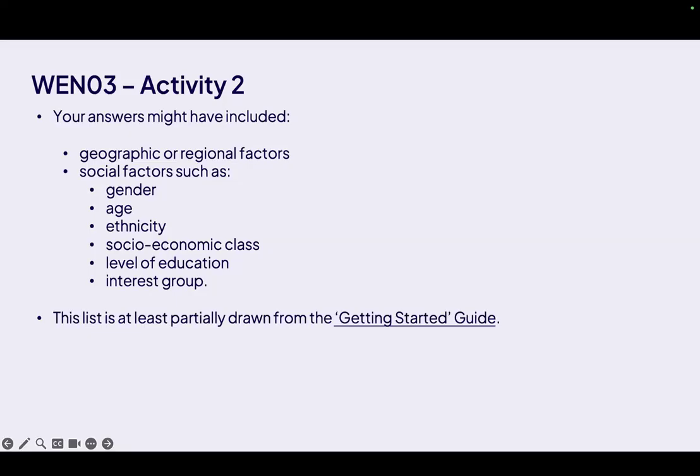Obviously, this is not exhaustive, and it's partially drawn from a document called Getting Started. I've got my printed copy here, and Getting Started, issue 2, is really important. I'd hope you have a copy in your delegates pack. It refers to suggested plans and activities for all the papers.